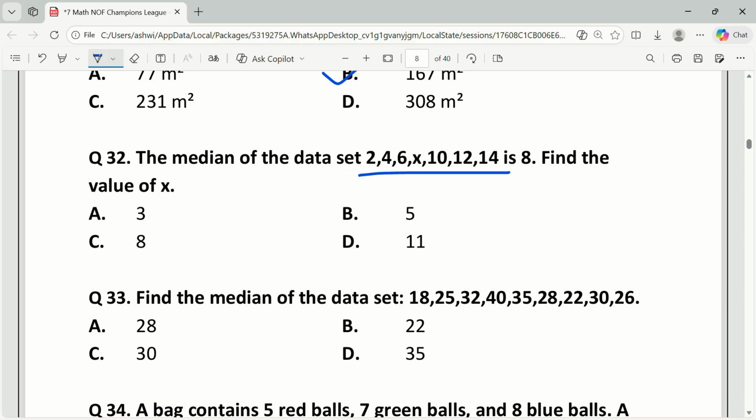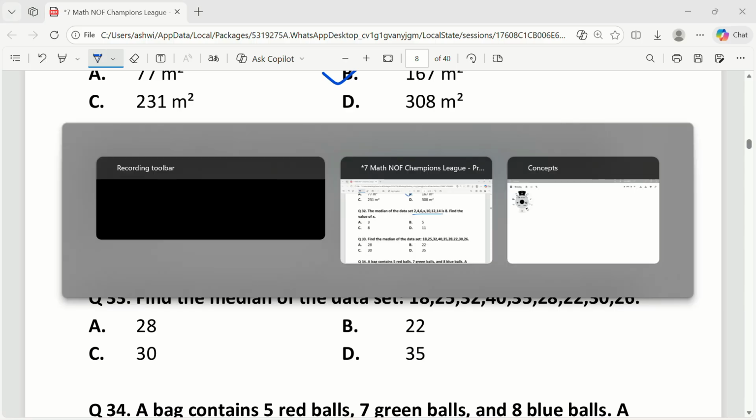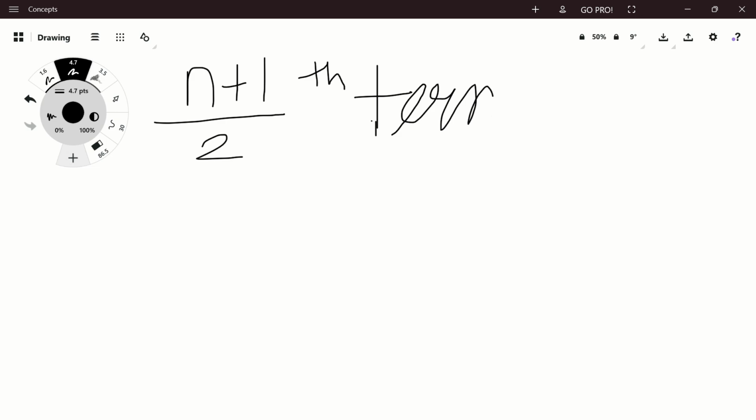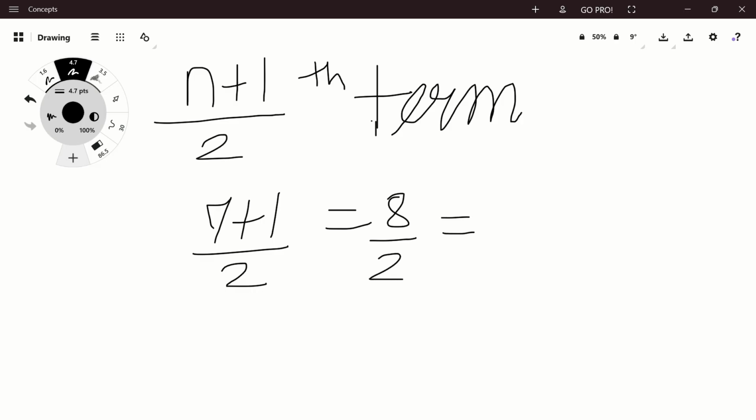The middle position is the (n plus 1) upon 2 term, where n is the number of terms. Position of the median will be 7 plus 1 by 2, which is equal to 8 by 2, which is equal to the fourth term.